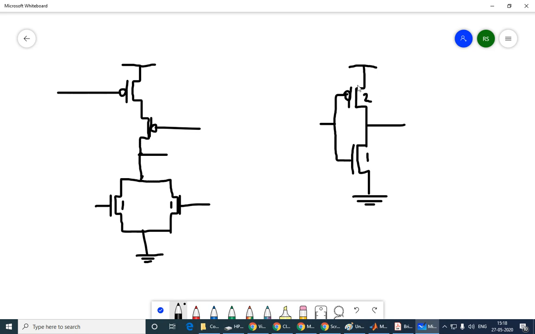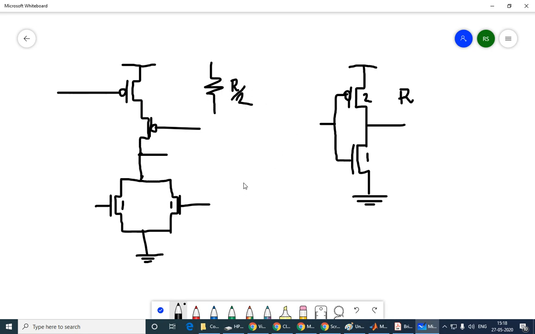So what is the value of this resistance? Its value is 2R by 2 or R. Now I have two transistors and I have to give each of them how much? R by 2. Okay, I have to give R by 2 to this transistor, R by 2 to this transistor, so that when I add them, because they are in series, I will get R. So now how much should I put for the PMOS transistor so that it becomes R by 2?